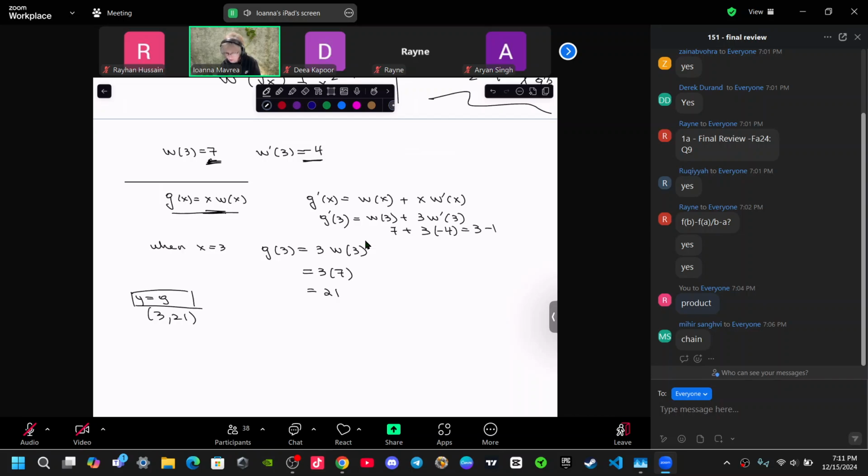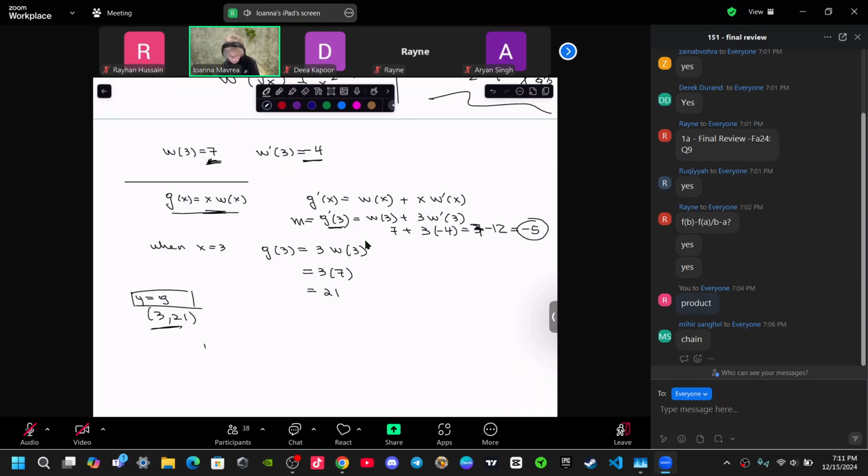So this is 7 minus 3 times 4. Again, don't simplify. 7 minus 12. So that's going to be something or other, right? So this is the slope. That's your slope. And this is your point.